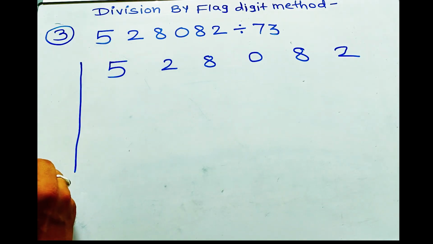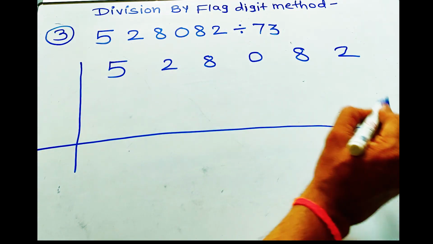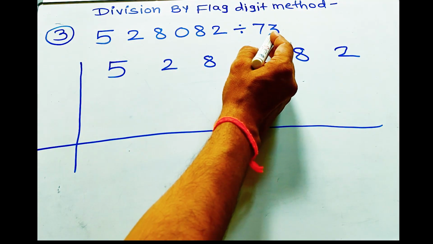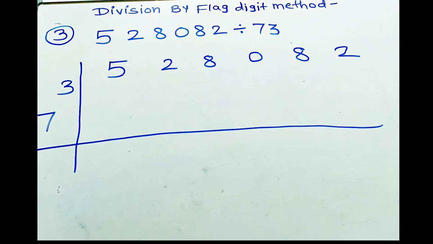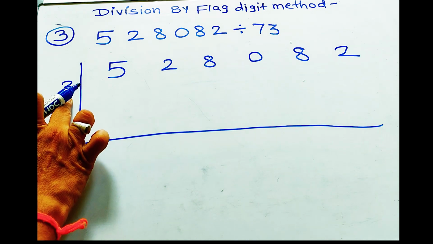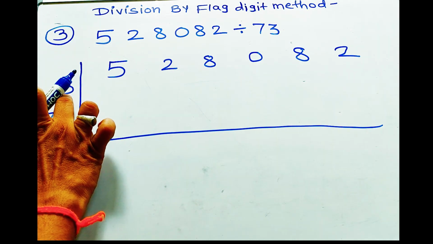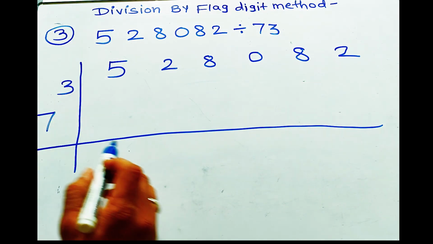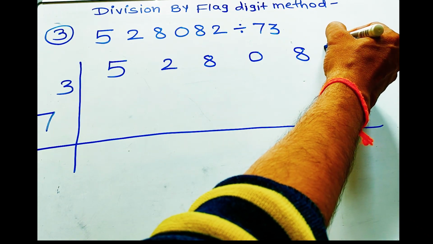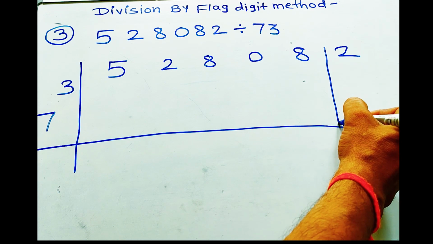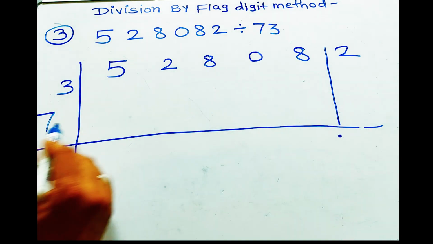Draw a vertical line, then a horizontal line. The divisor 73 we write in such a way, 7 3. Here 3 is the flag digit, only a single digit. Again we draw a vertical line after one digit, which is our decimal point.